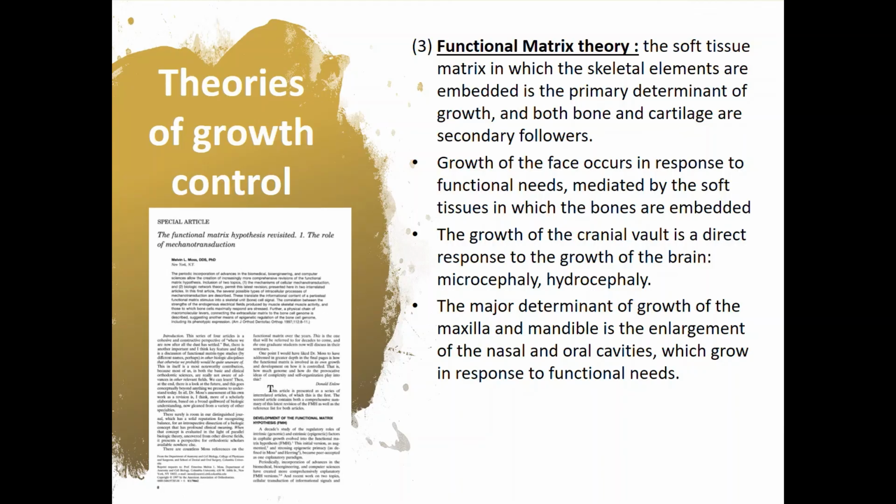So the function, the development of those soft tissues should initiate, direct, and control the amount and direction of growth of the embedded bone. And if you remember, we call this the primary displacement of the maxilla and the primary displacement of the mandible, where soft tissues are actually pulling them downward and forward.